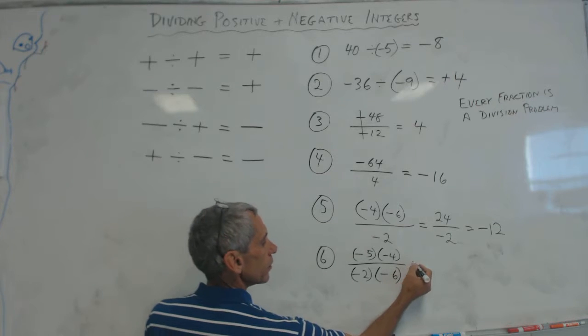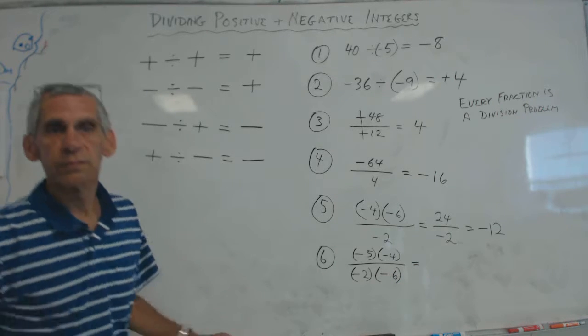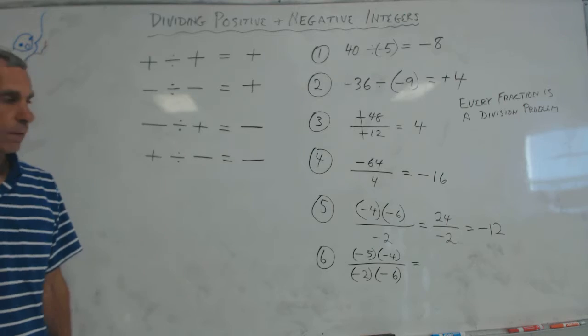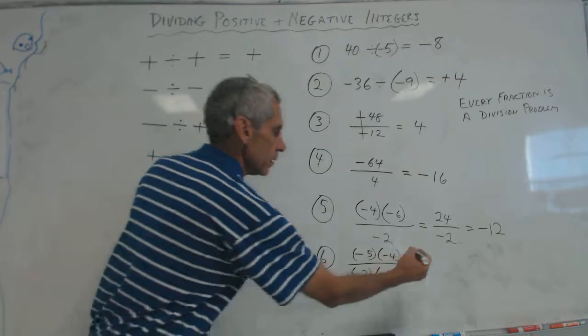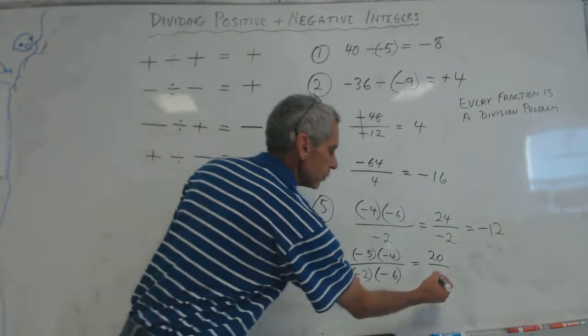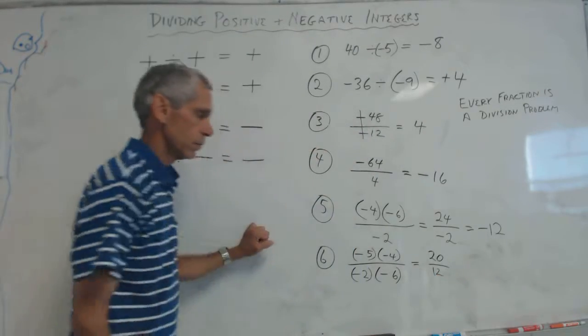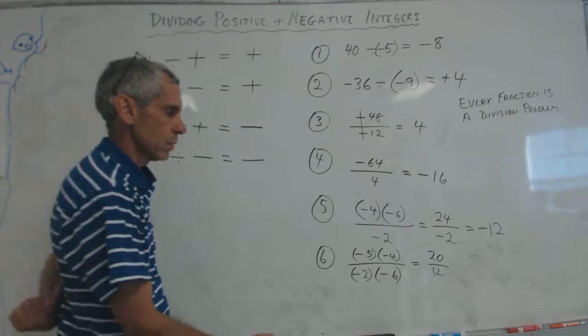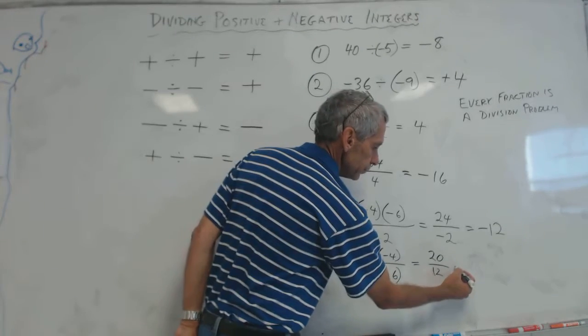Let's just do that. So what would I get? You would get 20. So 5 times 4 is 20, positive 20. And then 2 times 6 is 12. And then 12 goes into 20 once, and then there's 8 left over.